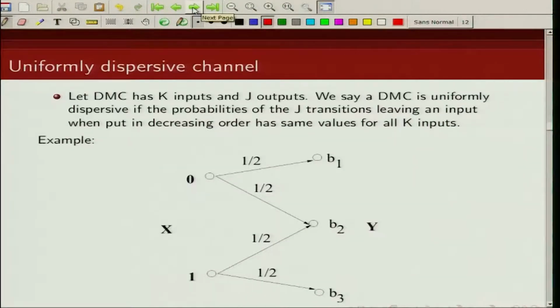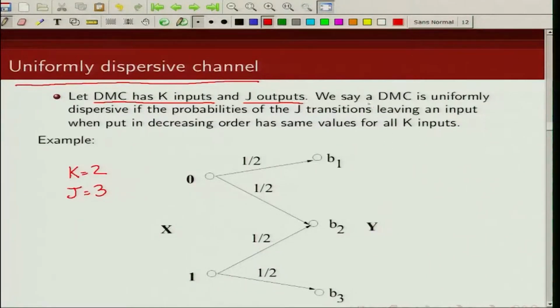Now, let us consider some very simple channels. The first channel that we will consider is what is known as a uniformly dispersive channel. So, we are considering a discrete memoryless channel which has k inputs and j outputs. For example, in this particular case, k is equal to 2 and j is equal to 3.